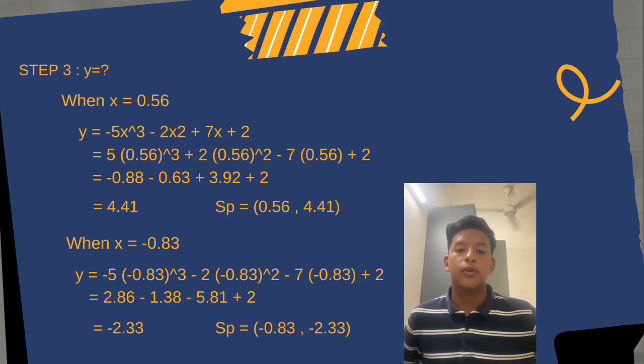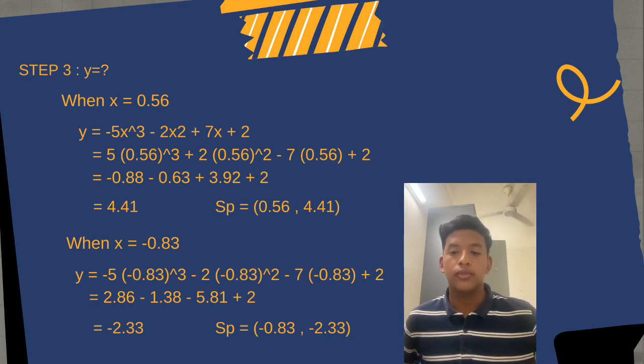When x = 0.56, y = -5x³ - 2x² + 7x + 2, which equals -5(0.56)³ - 2(0.56)² + 7(0.56) + 2, which is -0.88 - 0.63 + 3.92 + 2, and the final answer is 4.41. The SP is (0.56, 4.41).